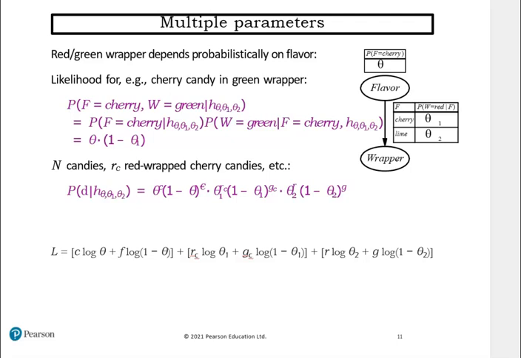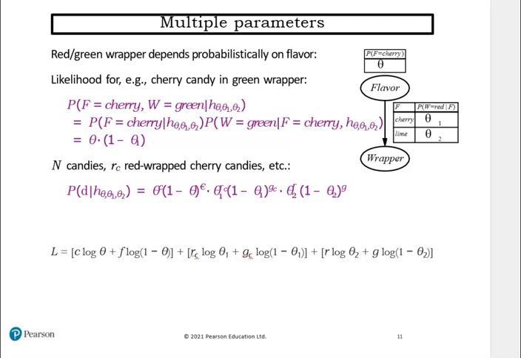So the wrapper for each candy is selected probabilistically. I mean, if we knew already that every cherry candy is in red and every lime is in green, then we wouldn't need machine learning, right? We would already know the proportion of cherry in the bag.